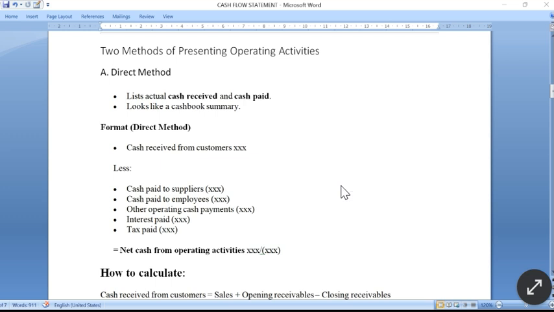You are into trading, for instance, selling paint. Paint is your core business. If you sell paint to a customer, the sales revenue normally should be what you will recognize as the cash that you receive from the customer. Please remember, it's different from the credit sales. We are talking about the one you receive cash.